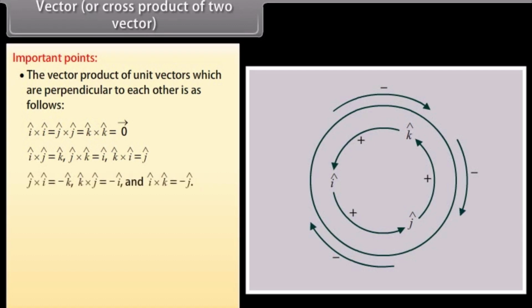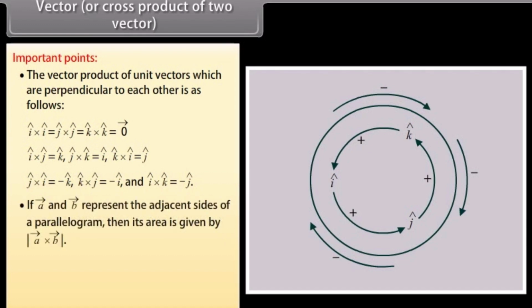Cap j cross cap i equals minus cap k, cap k cross cap j equals minus cap i, cap i cross cap k equals minus cap j. If vectors A and B represent the adjacent sides of a parallelogram, then its area is given by the magnitude of the vector product of vectors A and B.